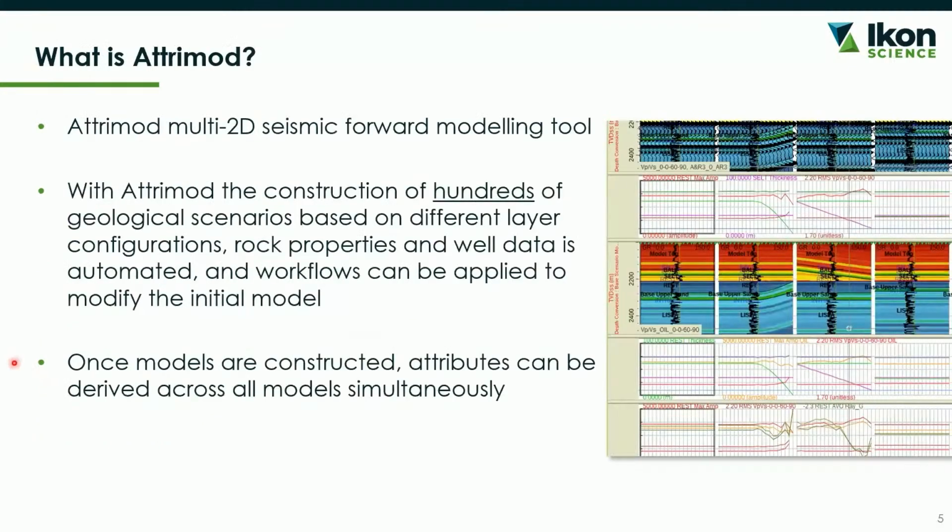So Attrimod is a multi 2D seismic forward modeling tool. So if you're familiar with the Rokdoc 2D modeling kit, you're kind of boosting the functionality and the power with Attrimod. So instead of working with one model as you would in a regular 2D session, Attrimod lets the user create hundreds of geological scenarios based on different layer configurations.